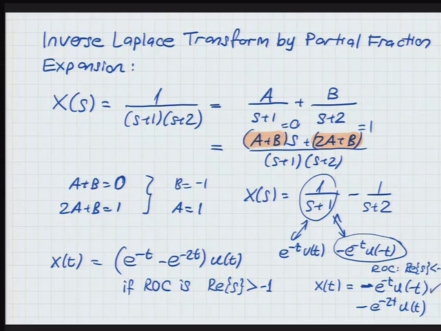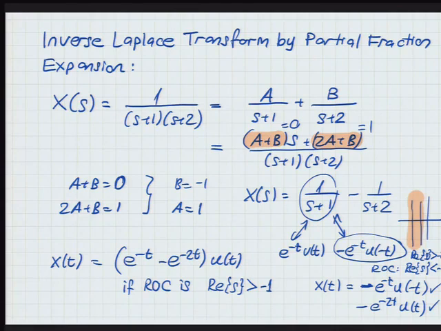For this to come out, you need real part of S to be greater than negative 2, right? Okay, so there is a narrow region of convergence for this answer. It's between negative 2 and negative 1. So it's a strip here. There's a short strip where this happens, right?